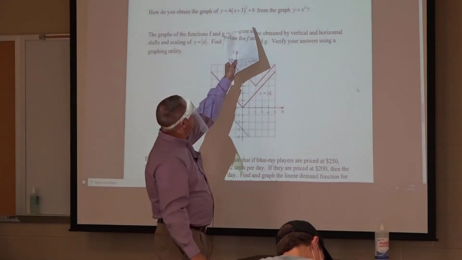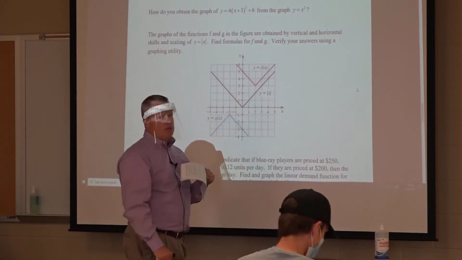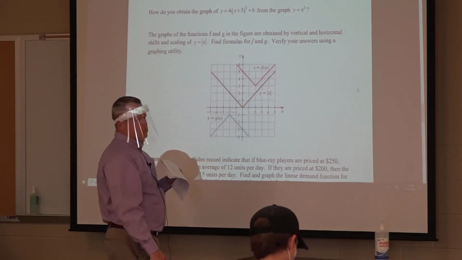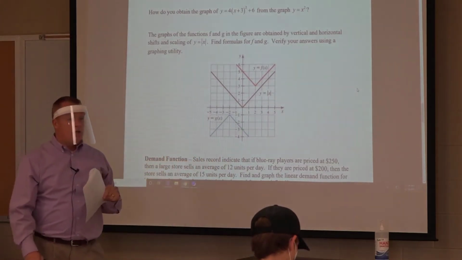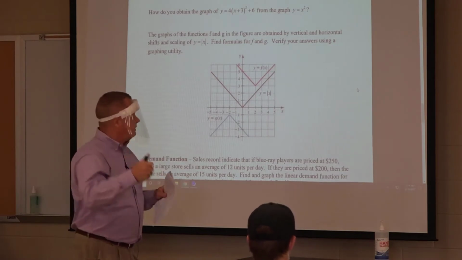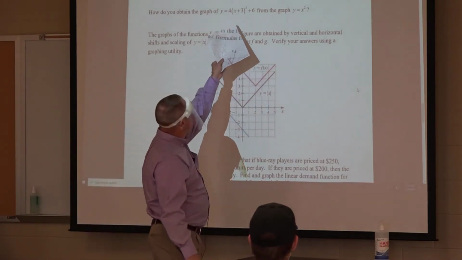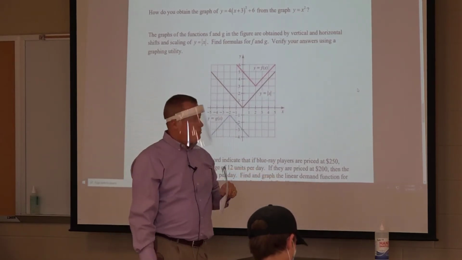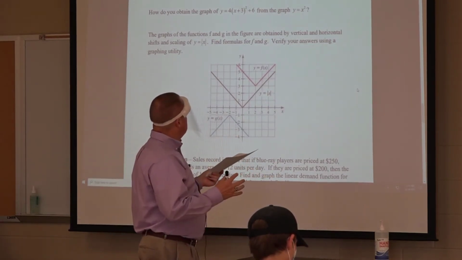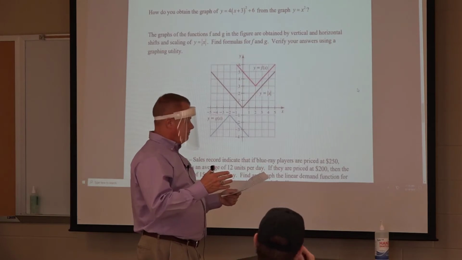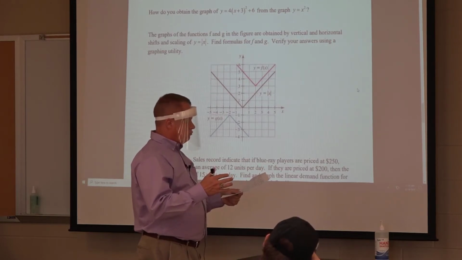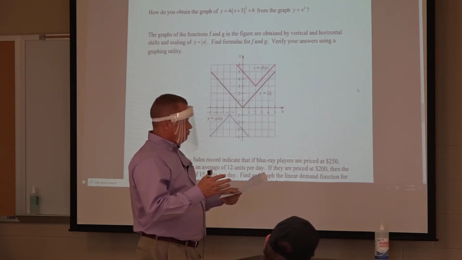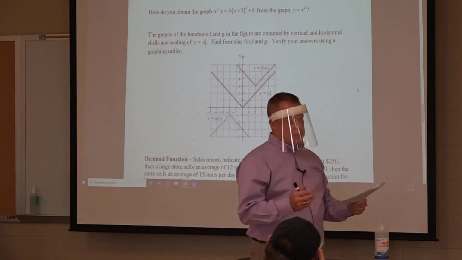What does the plus 6 do to the graph? How does that shift it? Up 6 units, right? What would the plus 3, which direction would that shift it? Left 3, all right? The 4 would scale the graph vertically, okay?